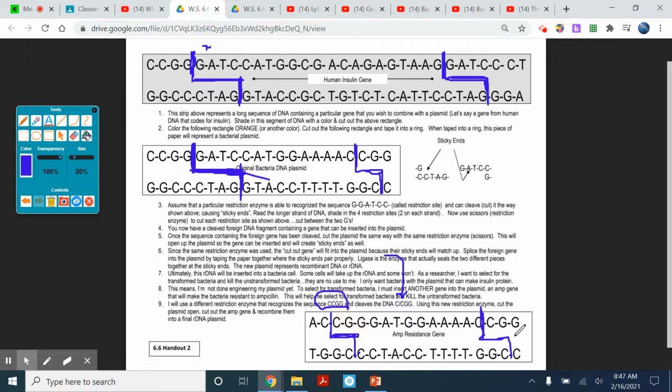This one has sticky ends here too. Then all I have to do is mix the pieces together, and you'll see that the sticky ends are complementary.